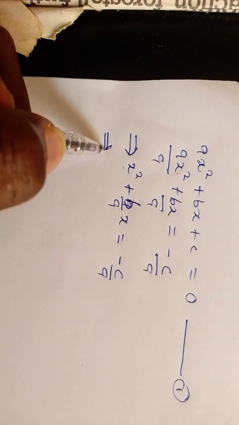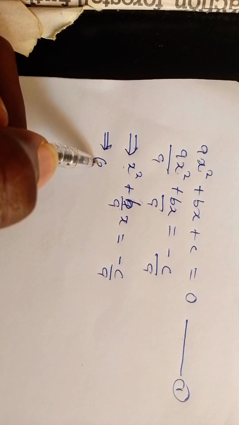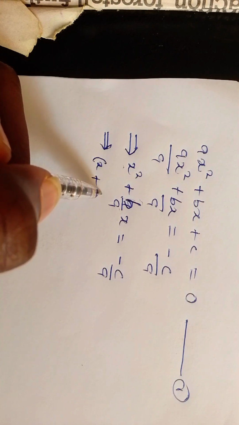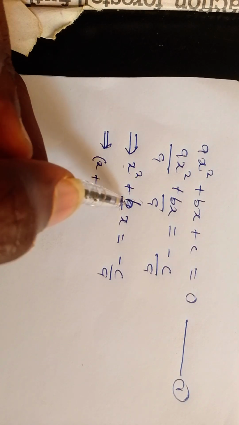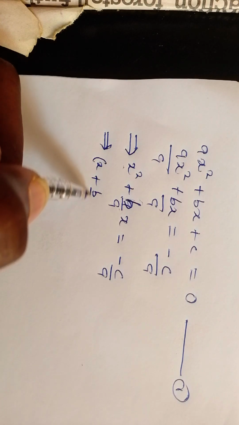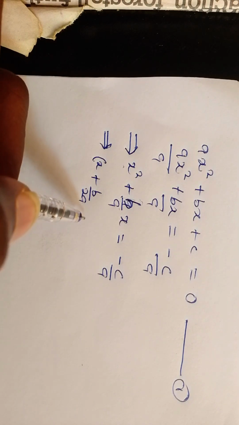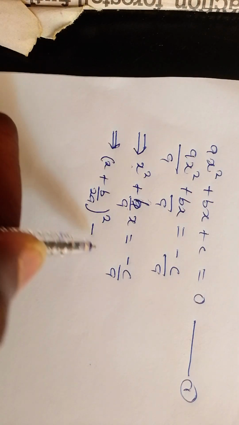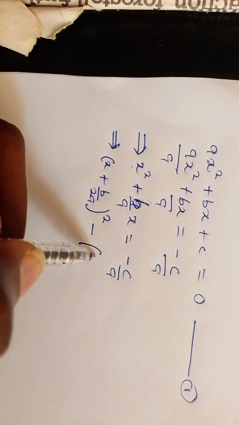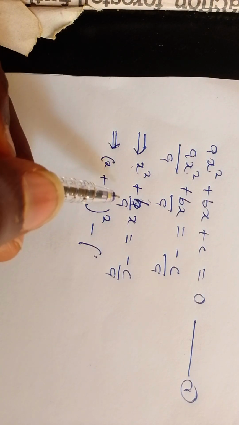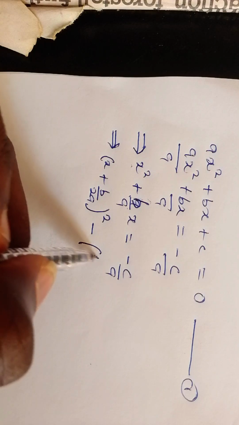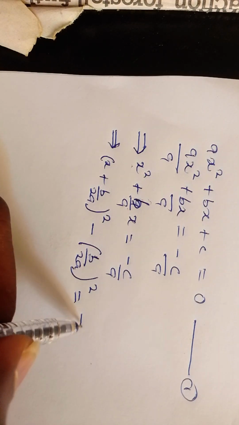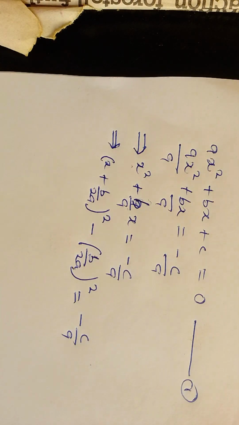So this now implies that I'm having x plus half of b over a, which gives b over 2a, squared, and also minus the square of the half of this coefficient again, that is b over 2a squared, equals negative c over a.